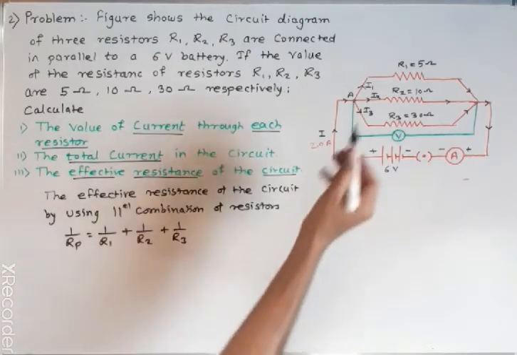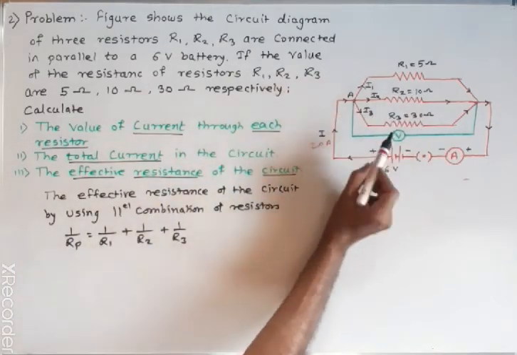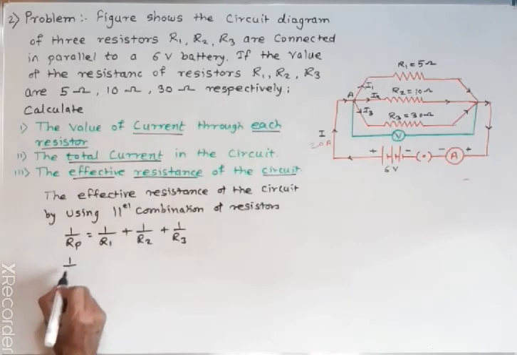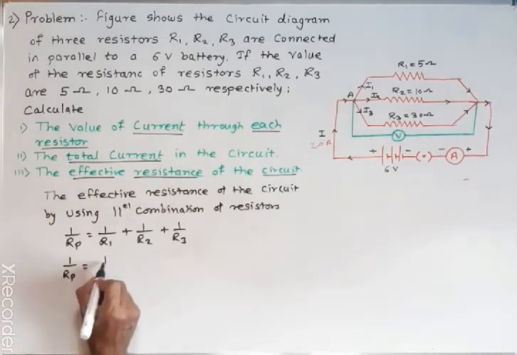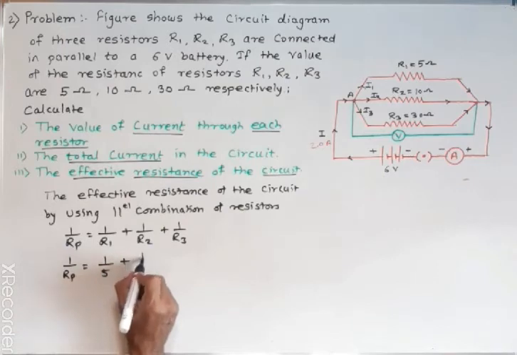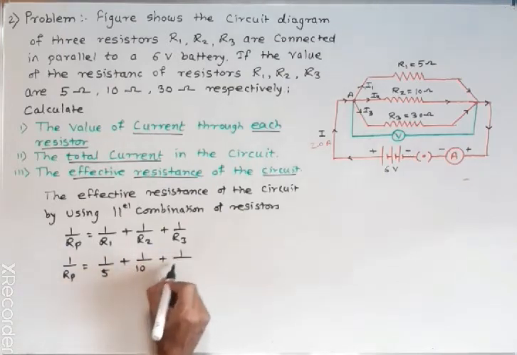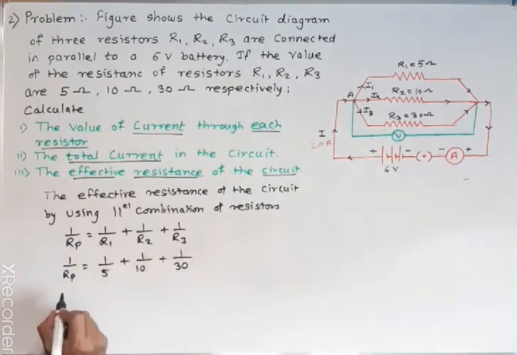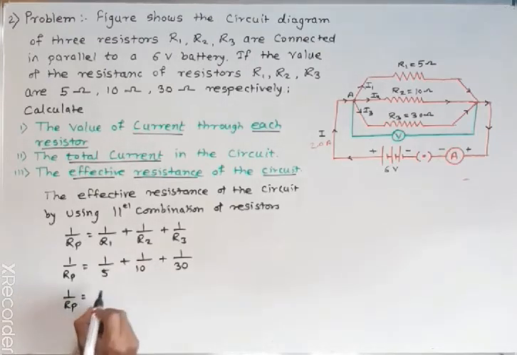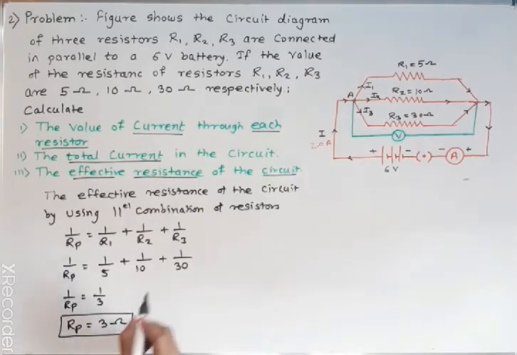So by putting the value of R1 5 ohm, R2 is equal to 10 ohm, R3 is equal to 30 ohm, I will get 1 upon Rp is equal to 1 upon 5 plus 1 upon 10 plus 1 upon 30, and by solving this you will get 1 upon Rp is equal to 1 by 3, or Rp is equal to 3 ohm.